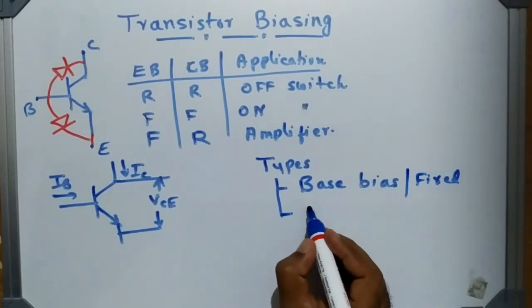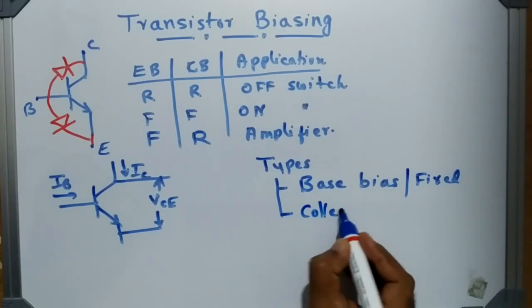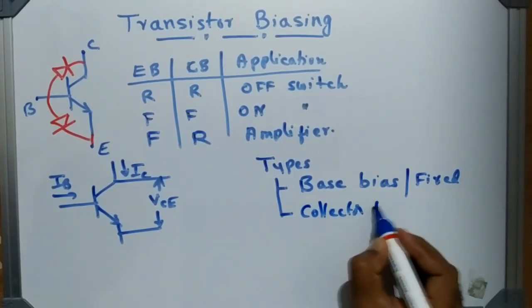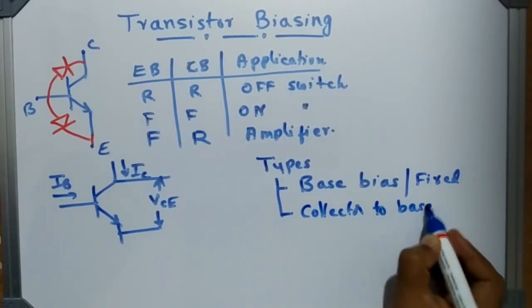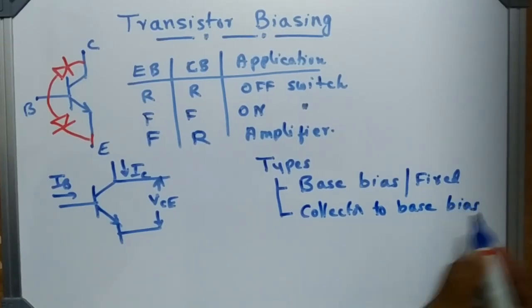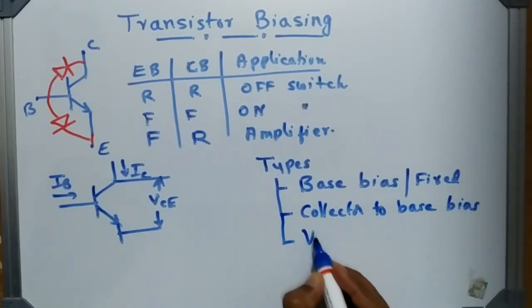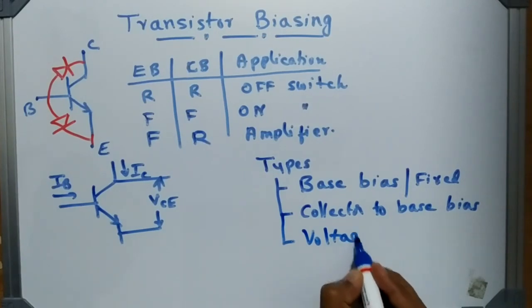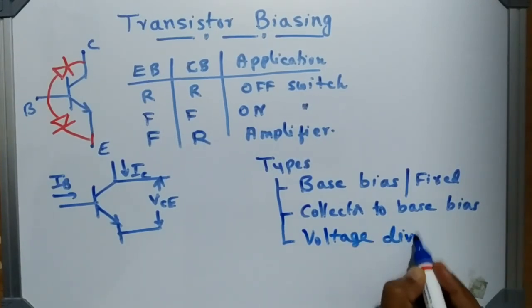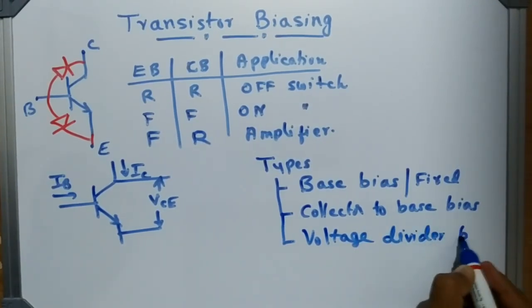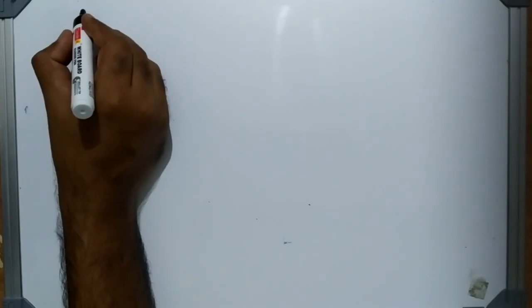Second one is called collector to base feedback bias or collector to base bias. And third one is called voltage divider bias. Now we are going to discuss base bias.